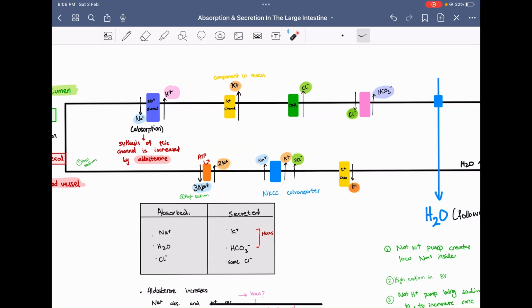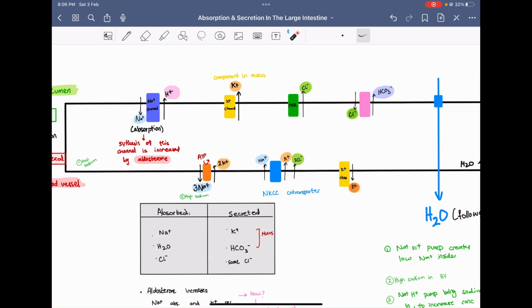At the same time, as we previously mentioned, you need to have a channel that maintains some of the concentration gradient. And in case we ever are in a clinical state where we have hypokalemia, for example, we will need to absorb back some of the potassium. So this is why we have another potassium channel on the basolateral aspect, which also absorbs some of the potassium.